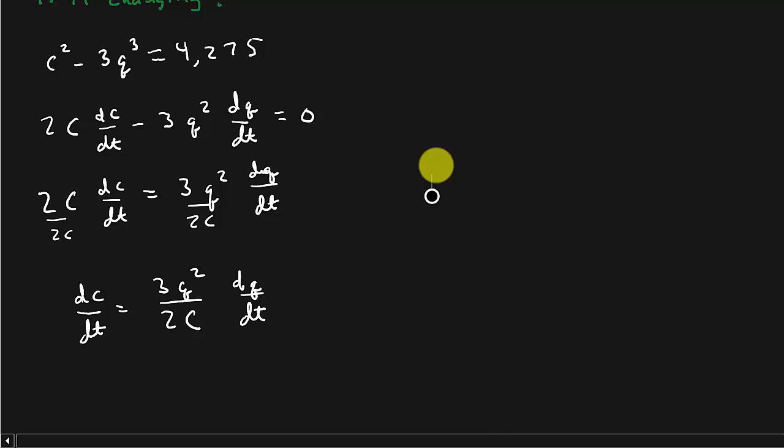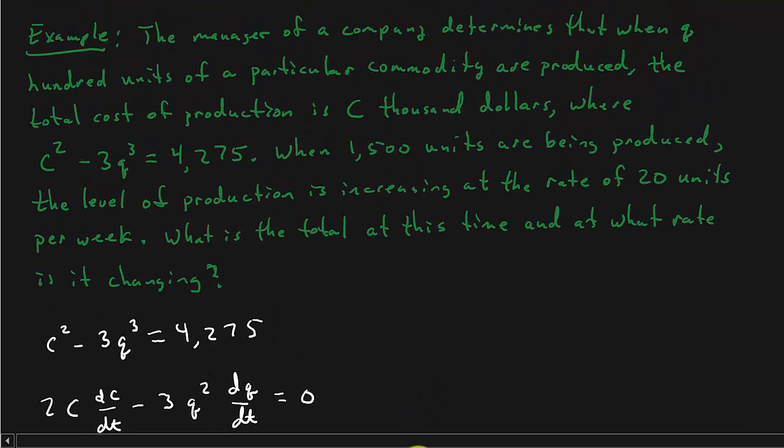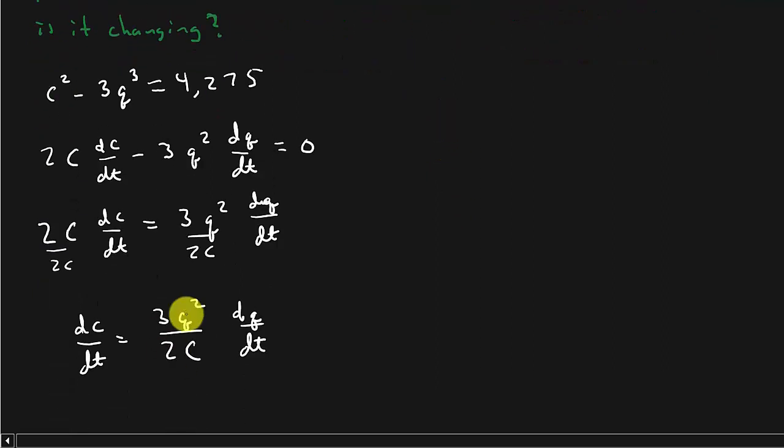Well, can I do that? Yeah, because it tells me when Q is 1500, so I just plug that in for Q and I can solve for C. And look at this, I need C anyway to plug in. Okay, so let's do that.